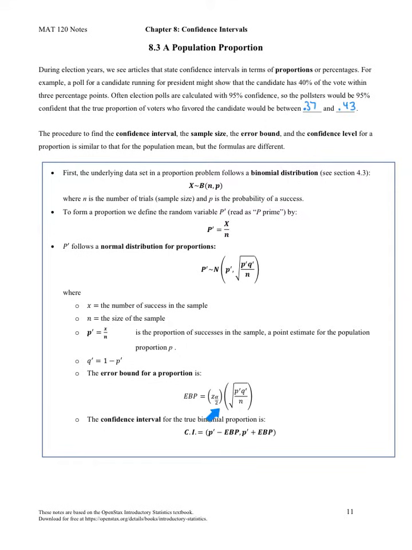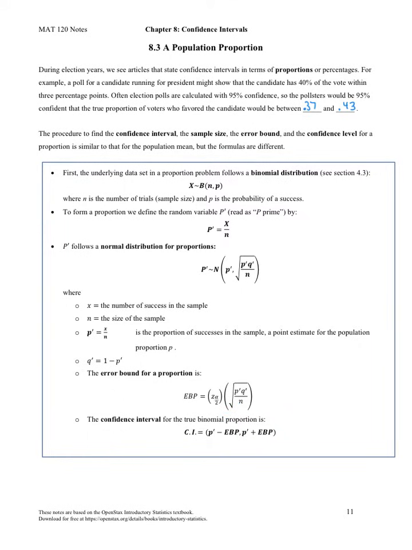Our error bound, or our margin of error, once again uses a z-score, but look what we use here instead. Probability of success times the probability of failure divided by the sample size, and then we take the square root of all that.